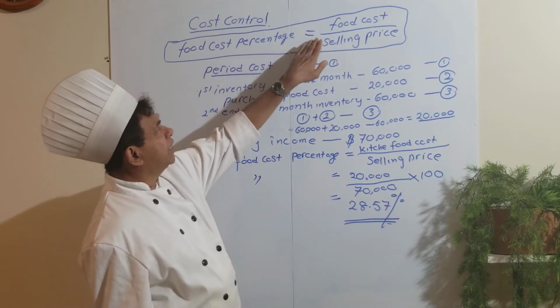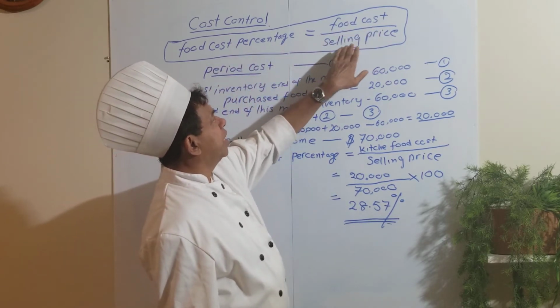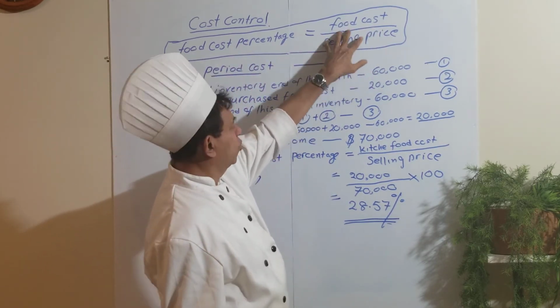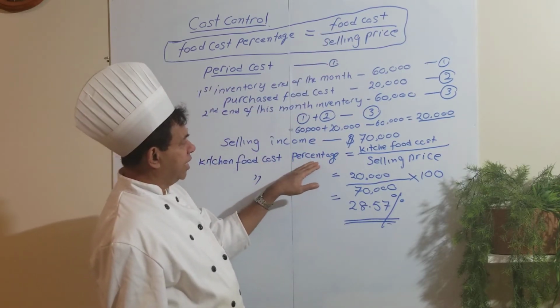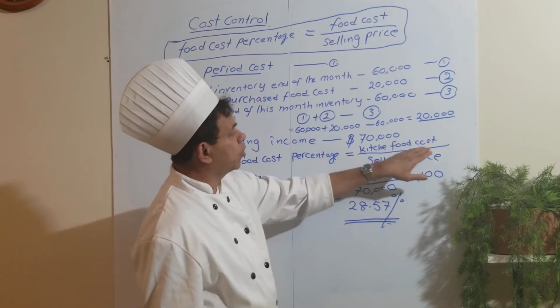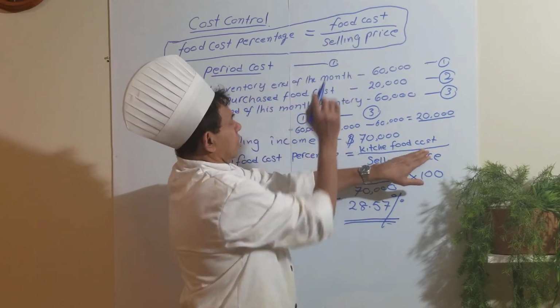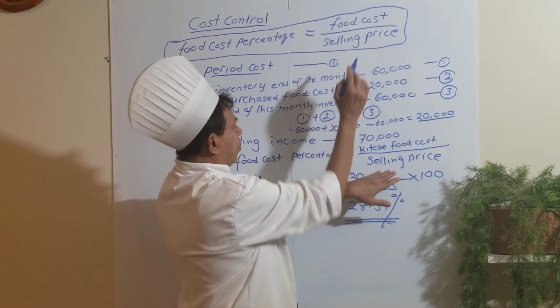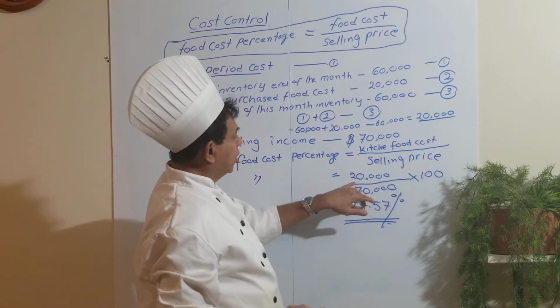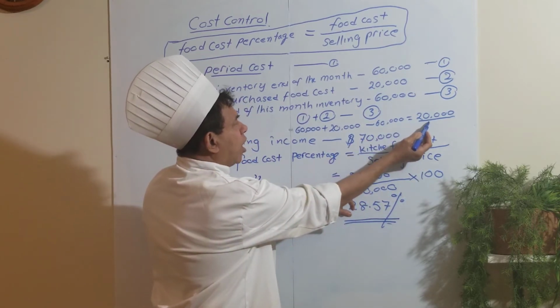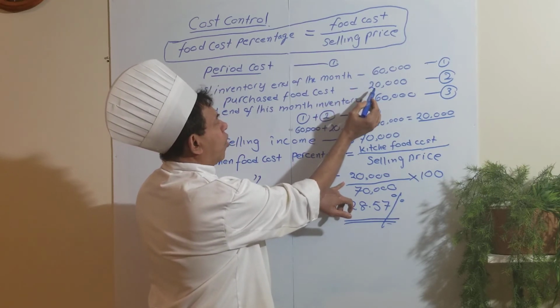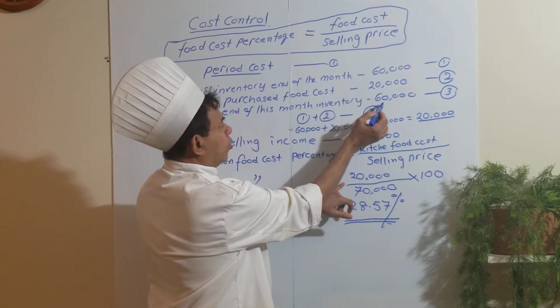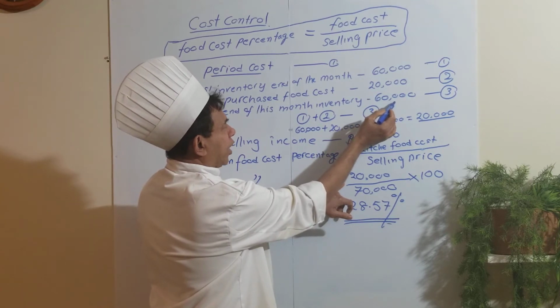Food cost percentage is equal to food cost divided by selling price. I took that formula here, and kitchen food cost percentage is equal to kitchen food cost divided by selling price. So I got the kitchen food cost here 20,000, reducing first inventory food cost minus end of this month inventory.